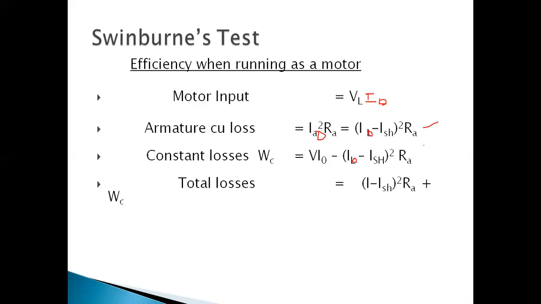Then total losses is equal to the addition of these constant losses plus armature copper losses at the particular load.